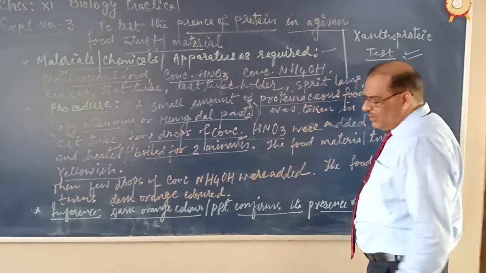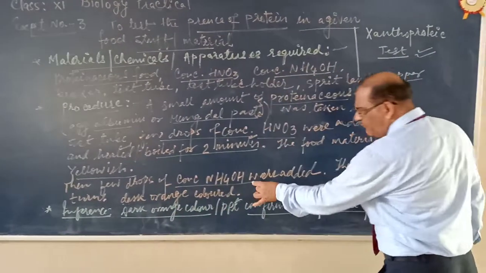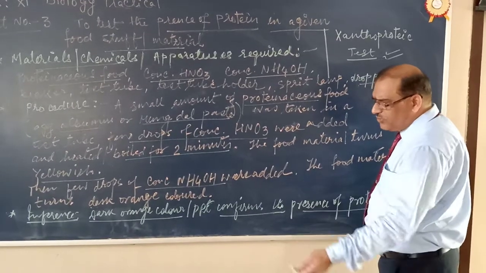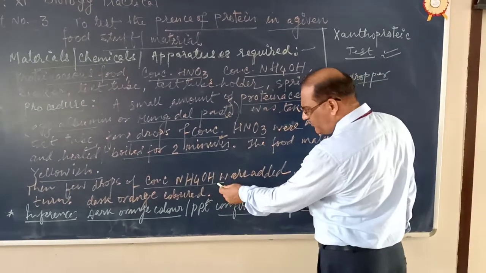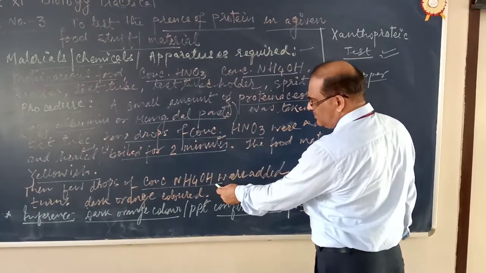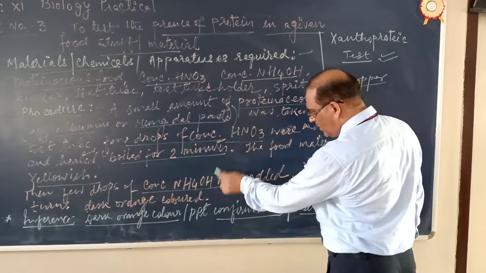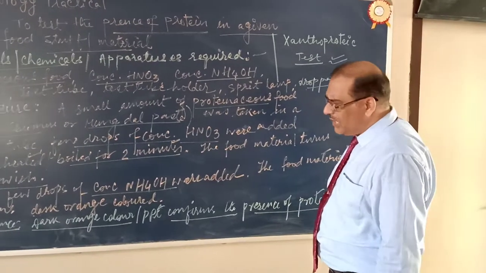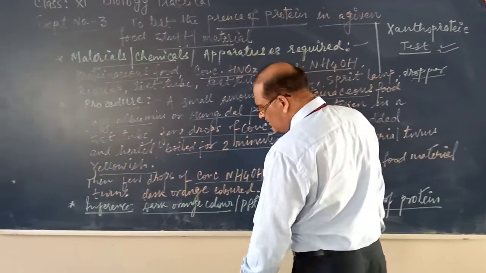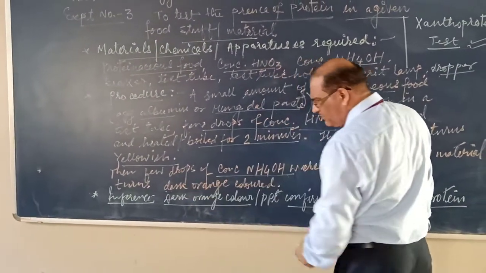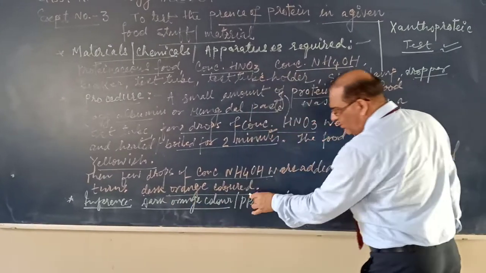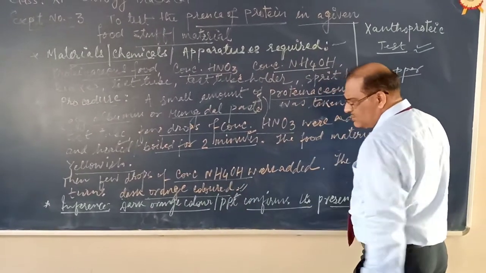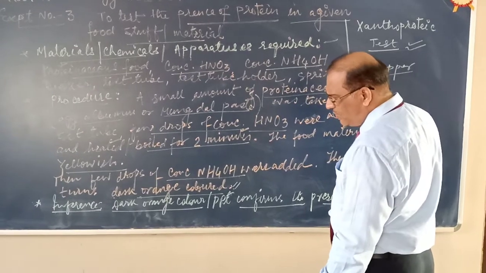Next step is, now we have to put equal drops of conc NH4OH, ammonium hydroxide, to neutralize this. After adding the NH4OH, the color turns orange. Yellowish color will become orange or dark orange color.